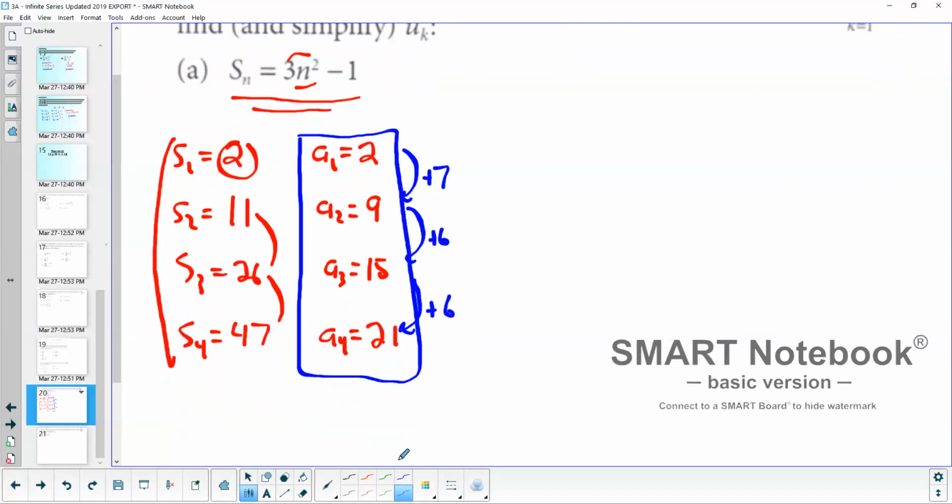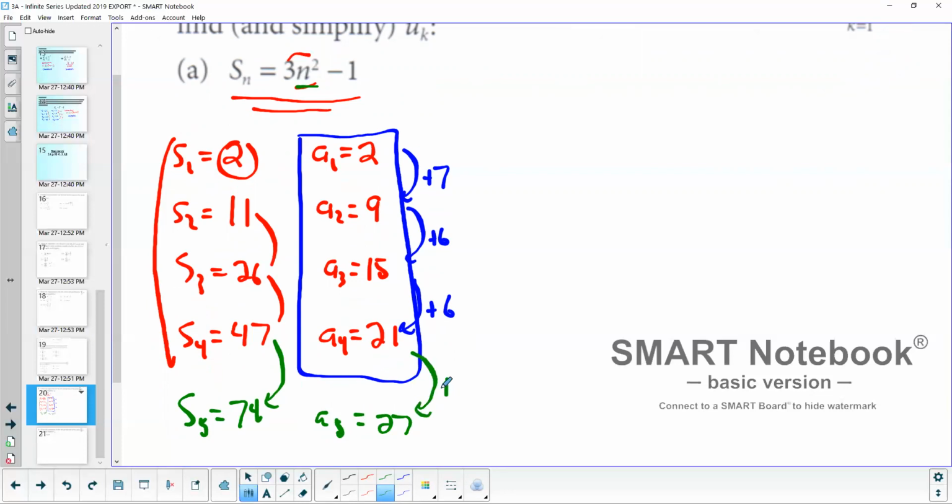Just to demonstrate what that would look like, let's go one term deeper and find the fifth partial sum. Coming back up here, 5 squared is 25, times 3, which is 75, minus 1, which is 74. I find the difference between the fourth and fifth partial sums, and that gives me the fifth term, which ends up being 27.